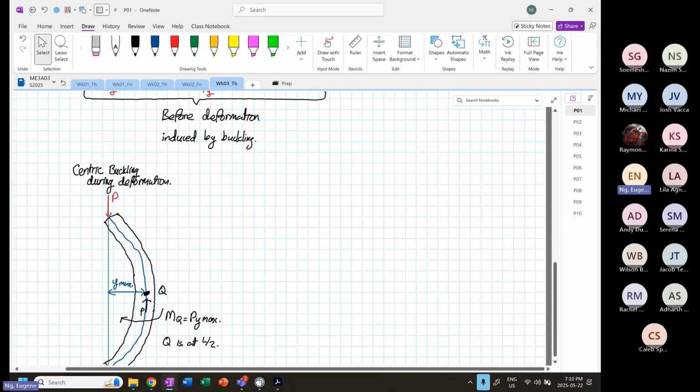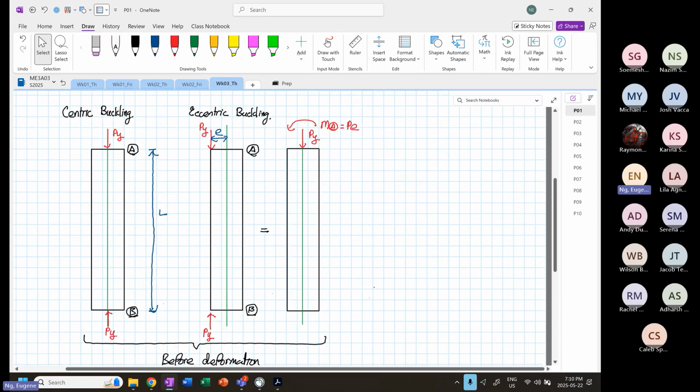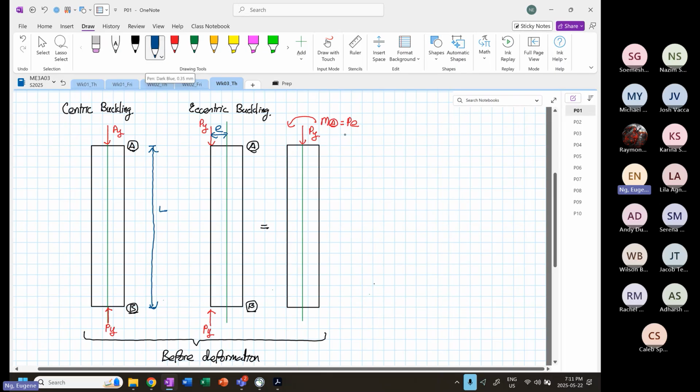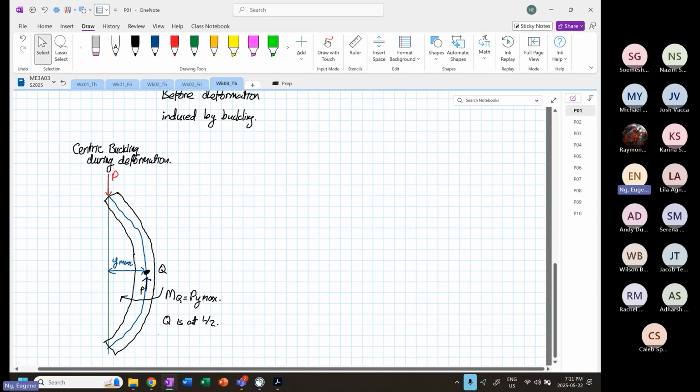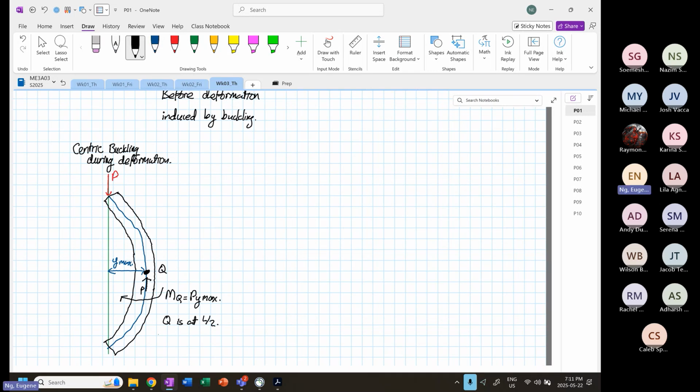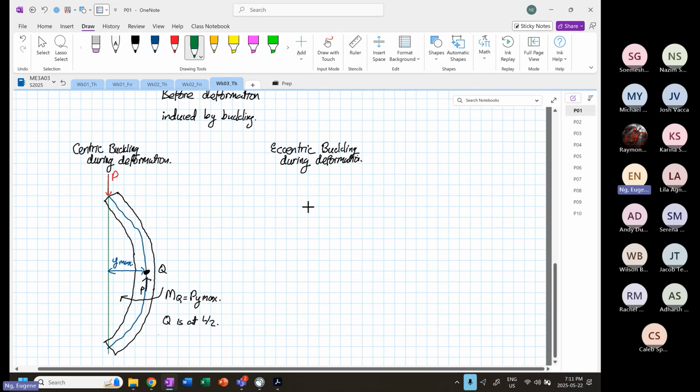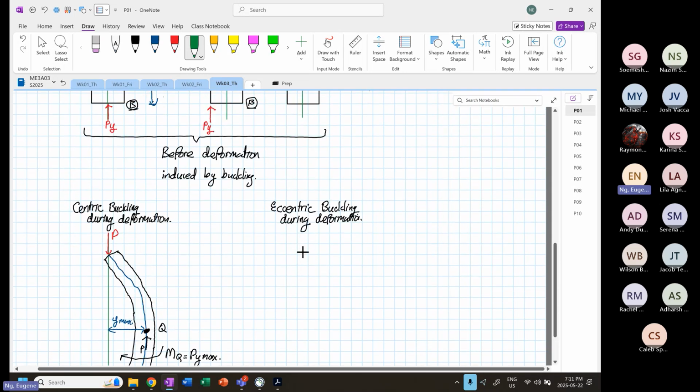Now, if we look at eccentric buckling, which is this case, we already have a moment at point A already. So during deformation in eccentric buckling, I'm going to sketch our geometric centroid again, somewhere around here.